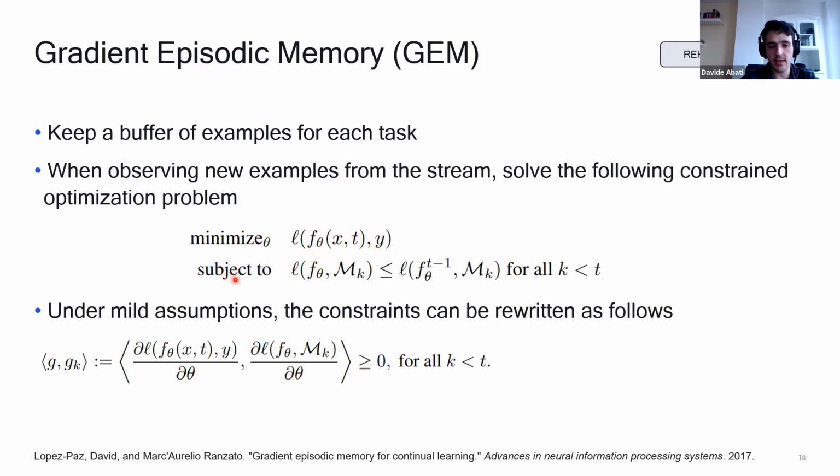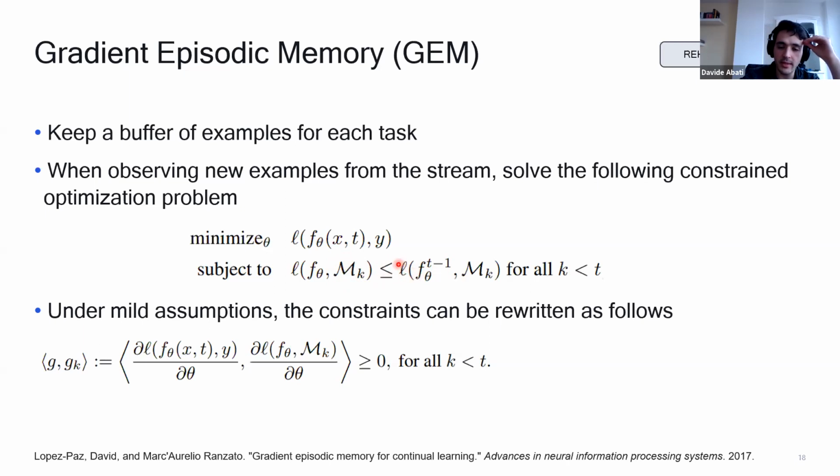But these constraints here tell basically that the update to the weights that we do shouldn't increase the loss function over the memory buffer.